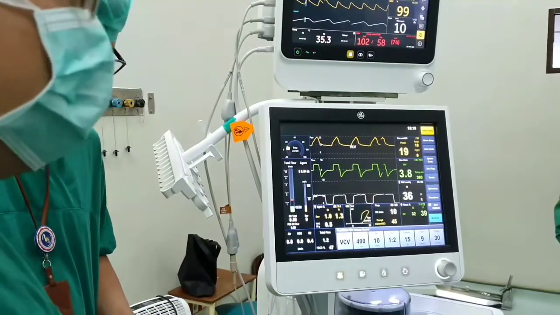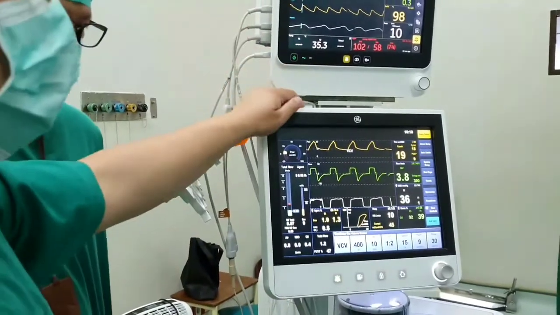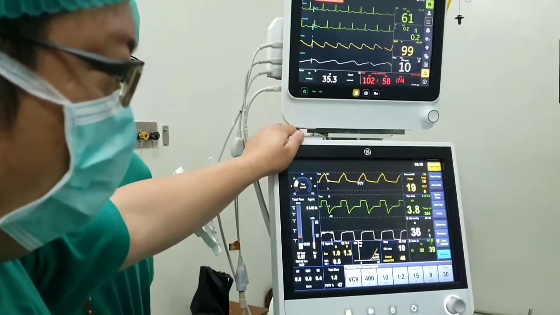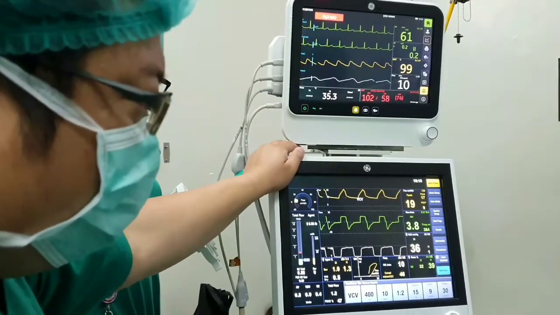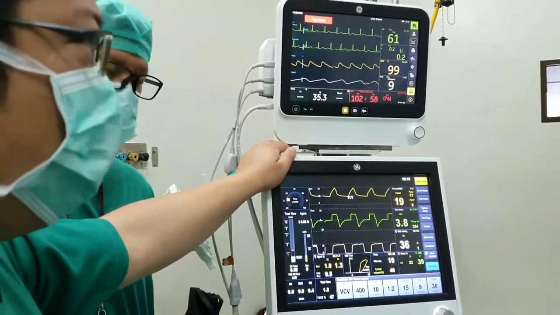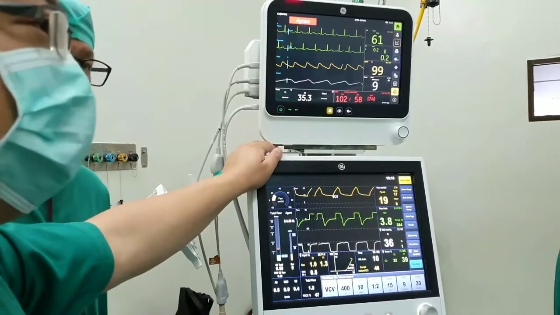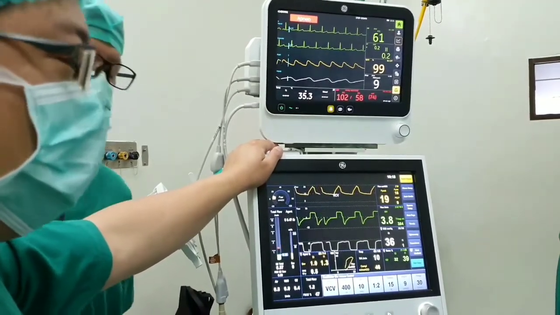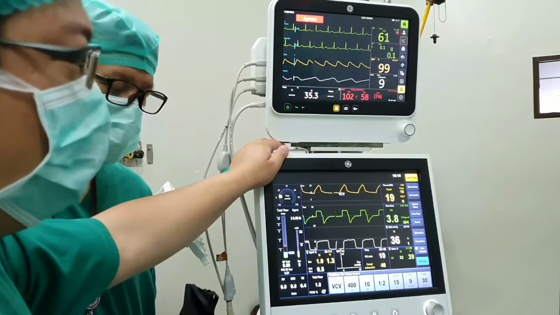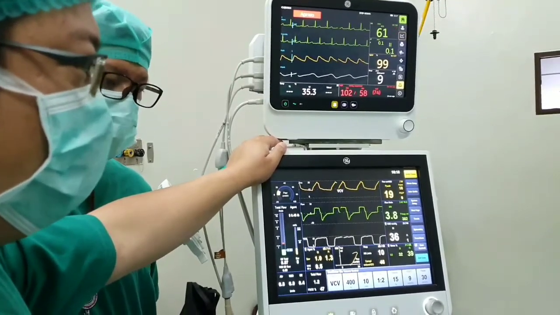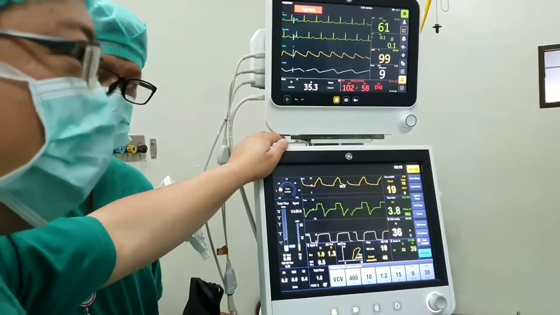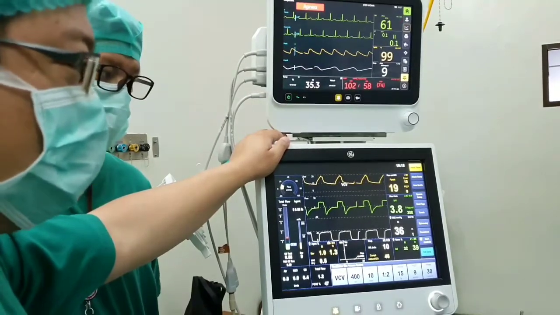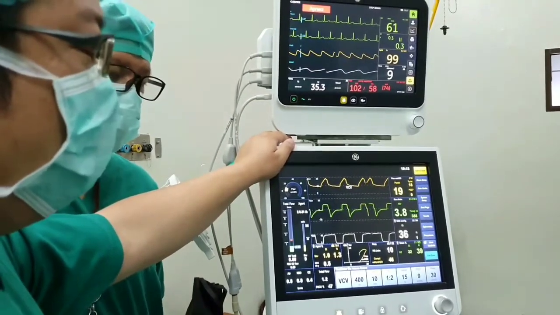So for example, for FiO2, the recommendation now is to give the lowest FiO2 to keep the patient's SpO2 above 94%. If you keep on giving 100% FiO2, first, it's not safe because it can cause lung collapse because oxygen is very absorbable.